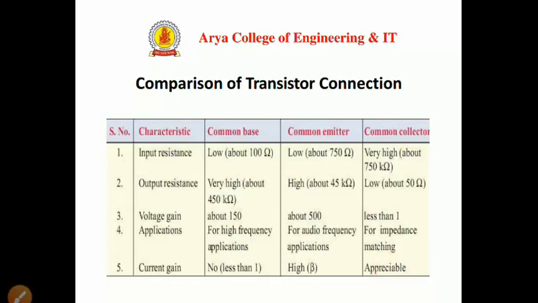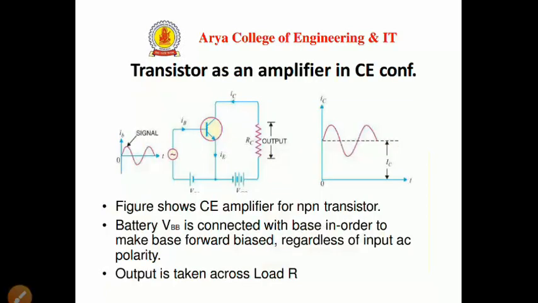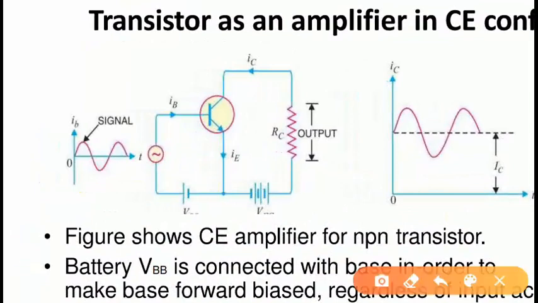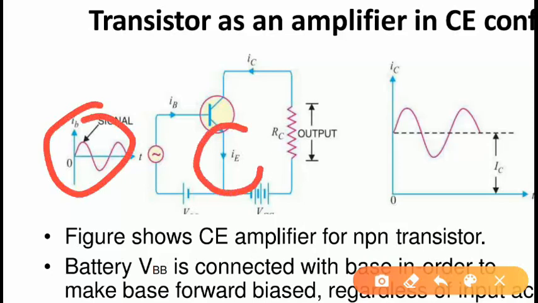Now further we have an application of common emitter configuration transistor, that is single stage amplifier in common emitter configuration. We can see in this image we have input signal at the terminal, and the emitter terminal is common for both input and output, and IB is input current and IC is output current, and RC is connected for load or can say output.